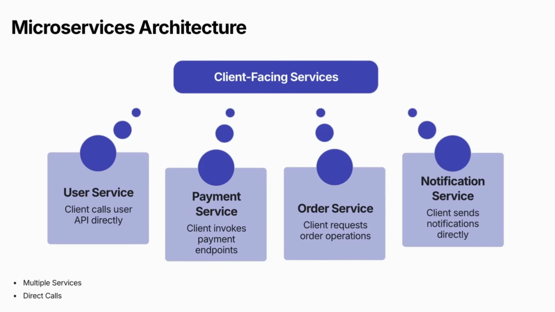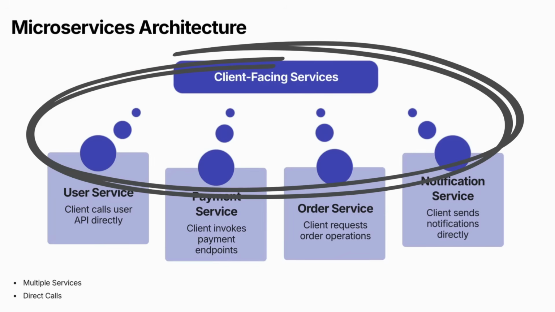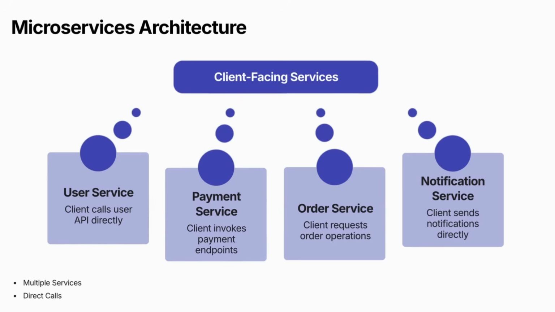And that becomes messy. You do not want your client to call each endpoint separately. You want a designated center point there. And if you do not have that center point that can route all your client requests, then what happens? Front end directly talks to many services.